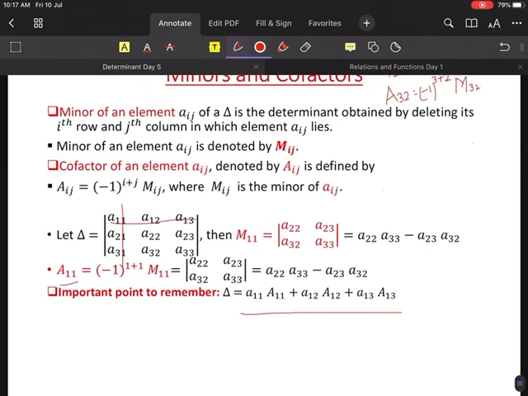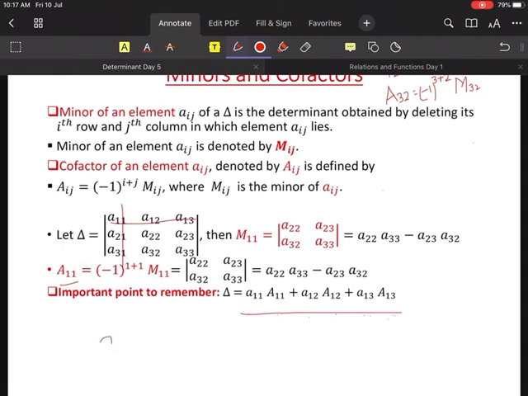I am finding the determinant. A11 capital A11, A12 capital A12, A13 capital A13. The element multiplied with its corresponding cofactor gives you the determinant of a matrix. Understood?